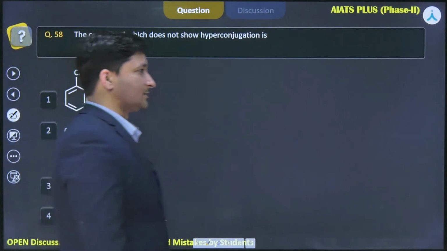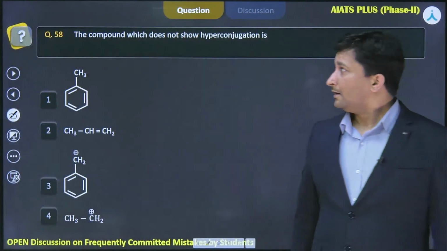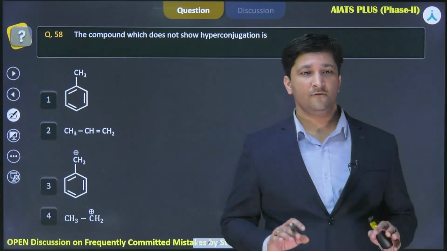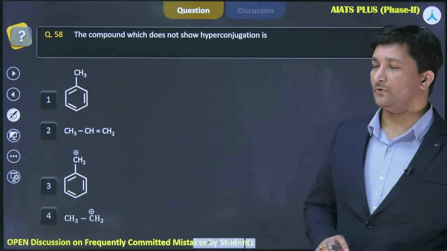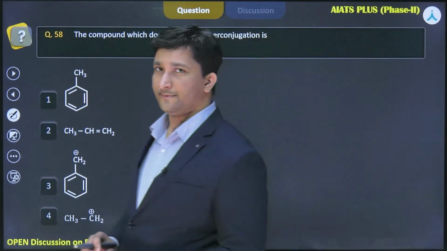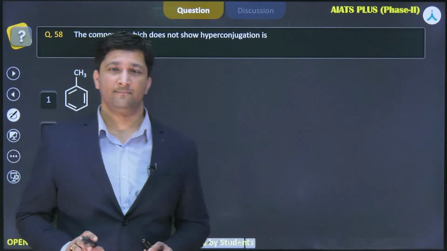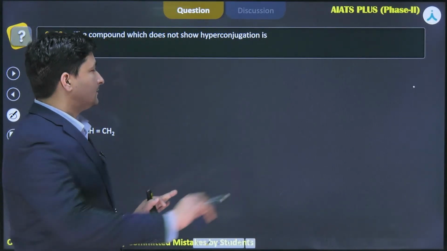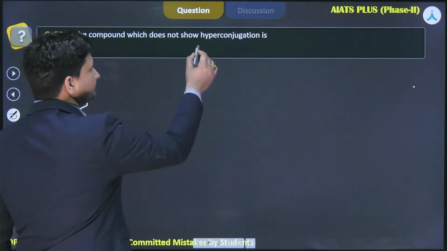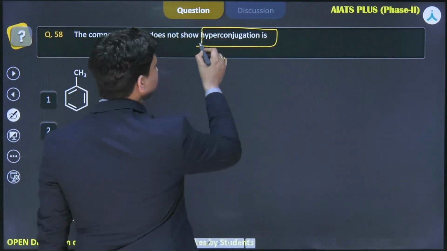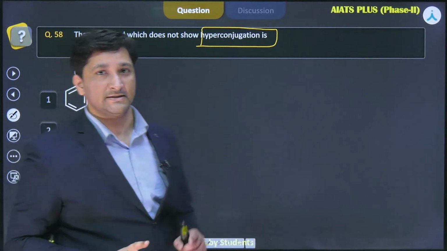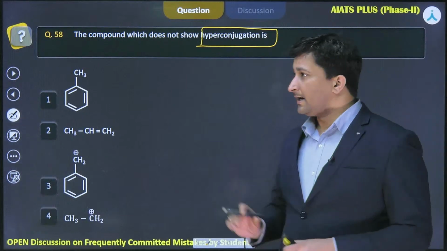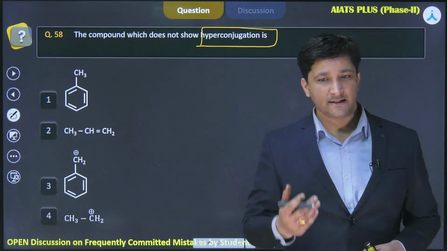Now this is a very interesting one. The compound which does not show hyperconjugation is. The discussion of hyperconjugation is very important, so I am going to take it now. You should all be ready with your pen and pencil to note down some important extra points which I am going to discuss. First of all, you have to know that this is actually a permanent effect, and hyperconjugation has a stabilizing effect.